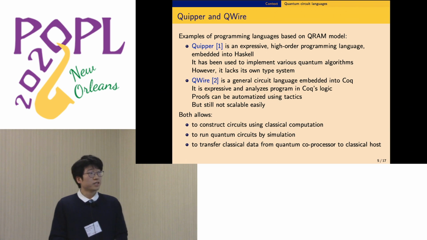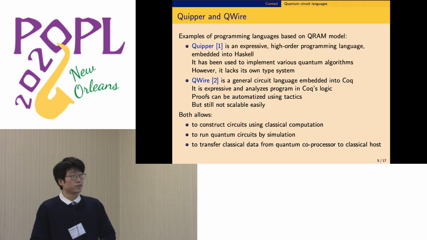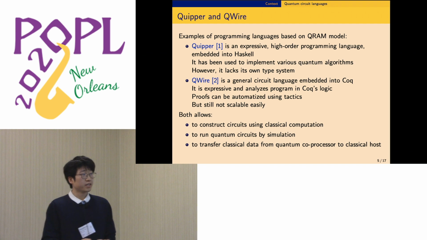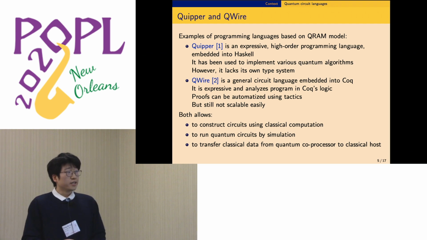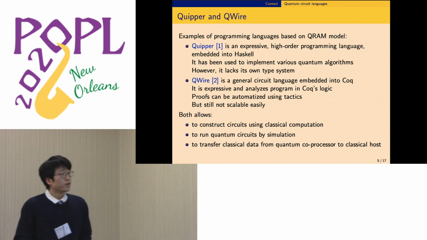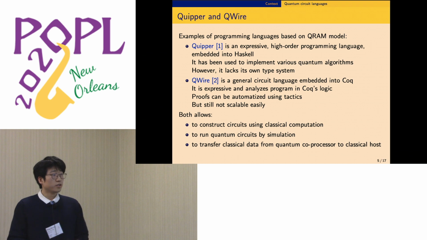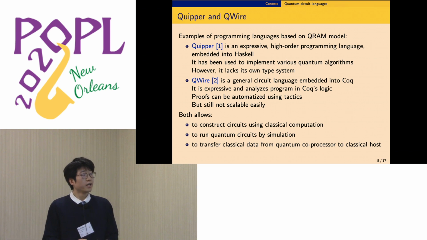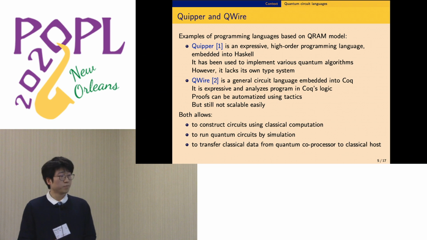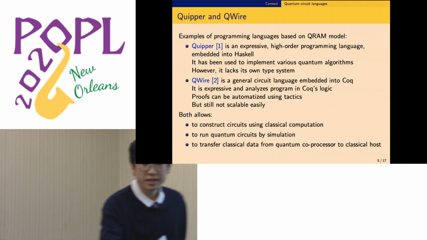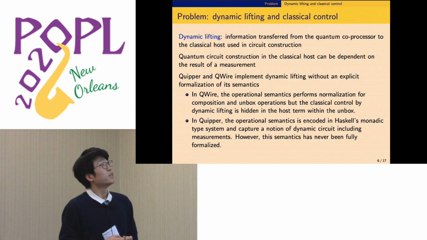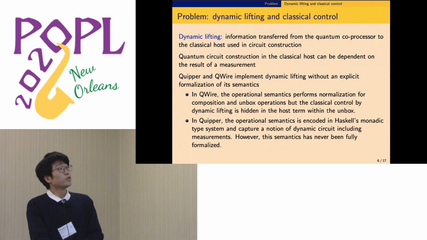And the properties can be proved using Coq's logic. And proofs can also be automated using tactics, but it's not straightforward how to scale it up easily. Both languages allow us to construct circuits using classical computation and to run the quantum circuits by simulation, and also the transfer of classical data from the quantum coprocessor to the classical host. And the last thing leads to the problem we want to solve.